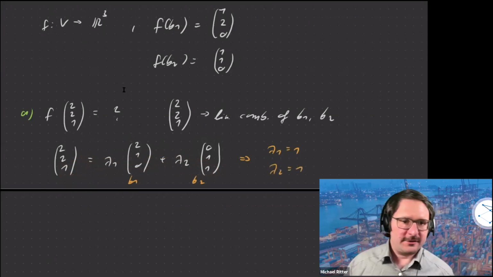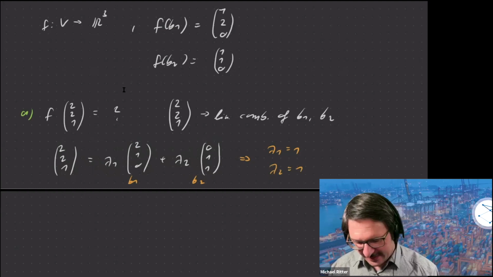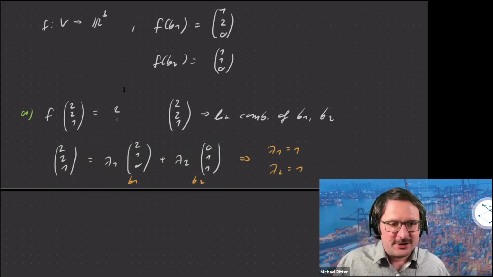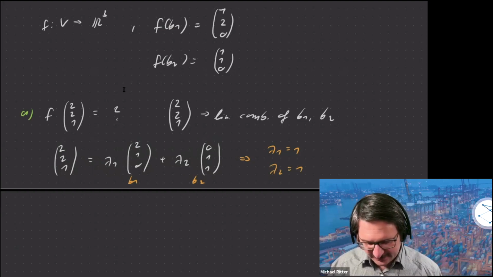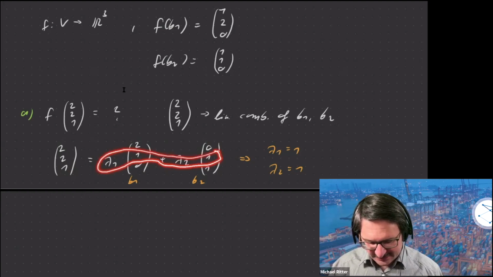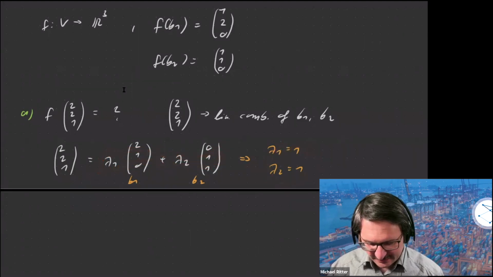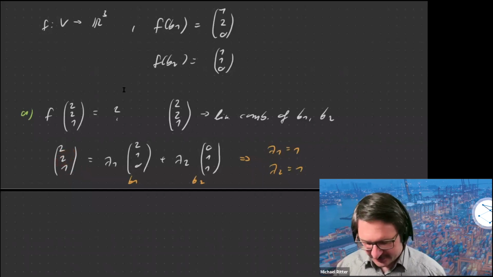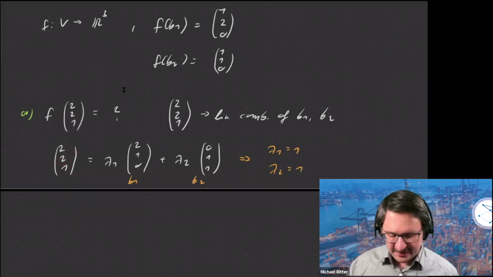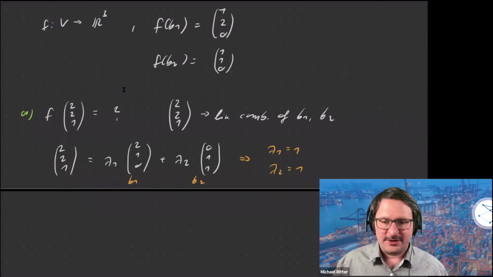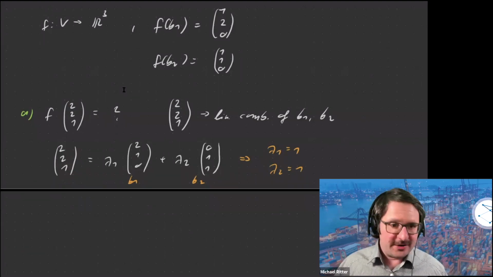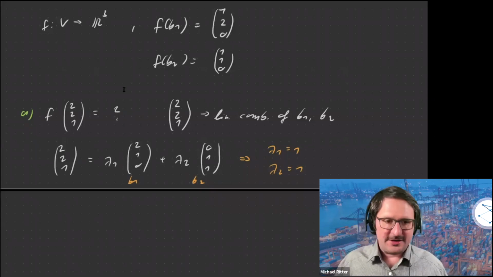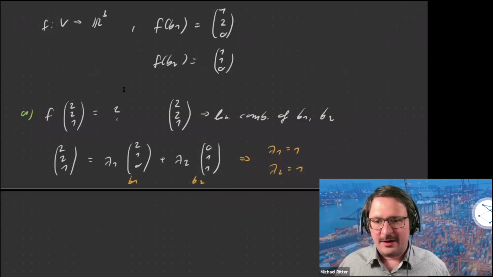Of course, we have not looked at the second row yet, and we have to do this to make sure that we actually get a feasible solution. If we compute lambda 1 plus lambda 2 with these values, 1 plus 1 is 2, and actually there is a 2 in here. So the second row is also fine, and we have found a solution of that equation system. Of course, we always find a solution if the vector is actually in the space V. If it's not, then we will not find a solution.